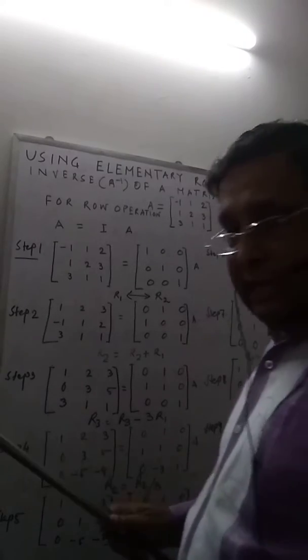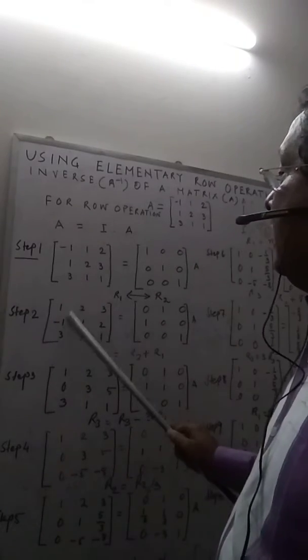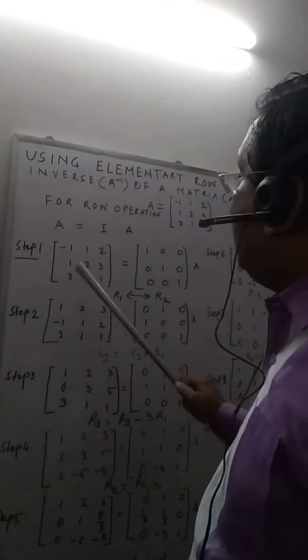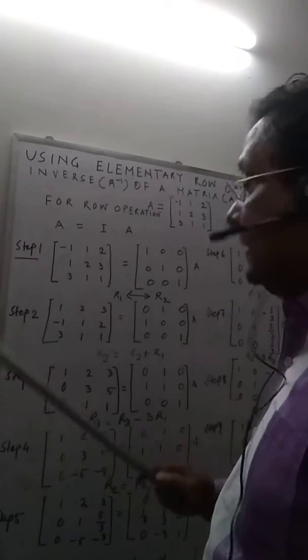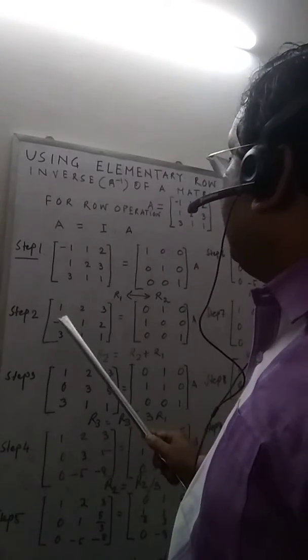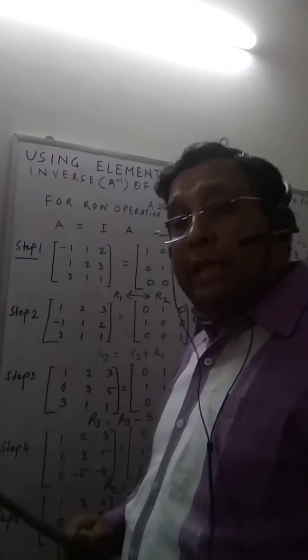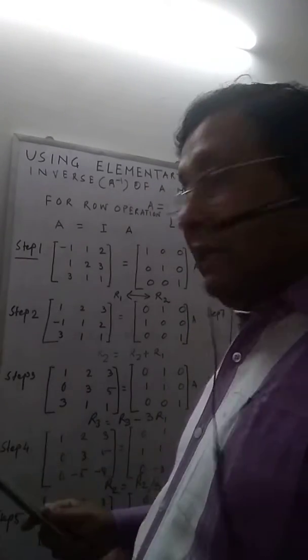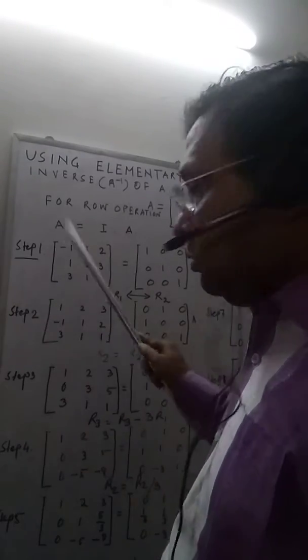This is the challenge, that you always have to bring 1 along the principal diagonal. So easily, if I use this operation, I can get this 1 over here. Now, every time a 1 may not be here. Here I luckily got a 1, so I interchanged and got this 1.